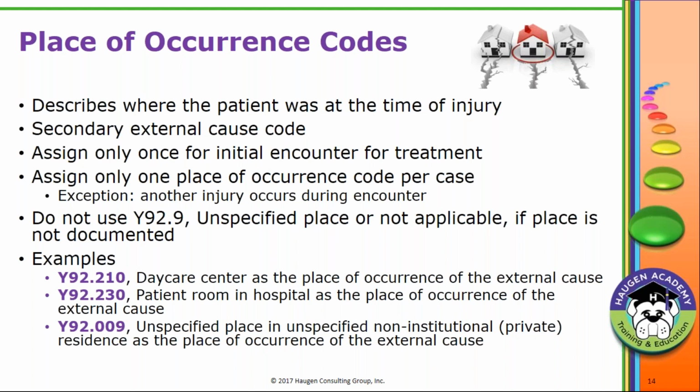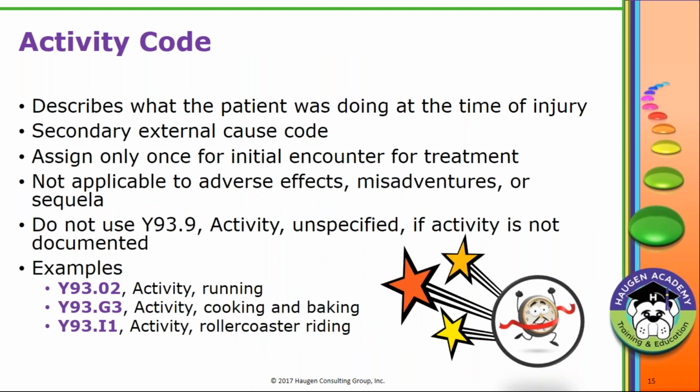I mean, it gets into whether the patient lives in an apartment or a single-family dwelling and which room of the house they were in. And while that may seem like a great thing to be able to say, you know, there are so many injuries that happen in the kitchen in an apartment, I just don't think we're ever going to see that level of detail. And if you do, that's great, but that can be kind of nitpicky.